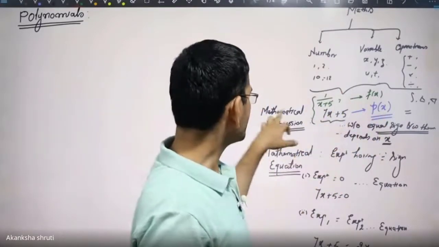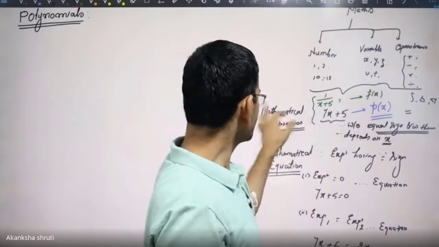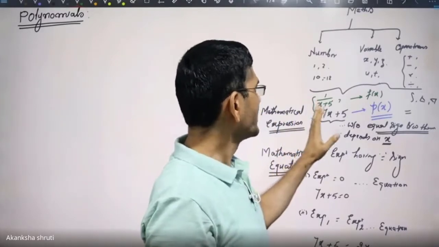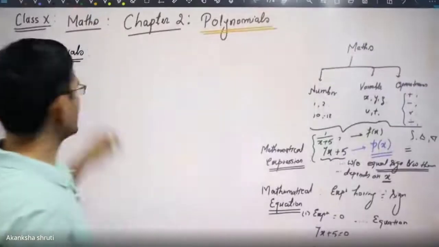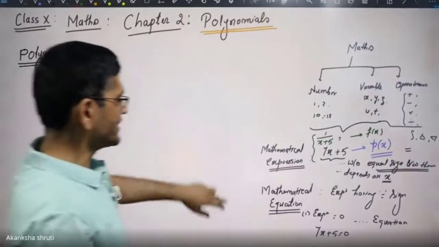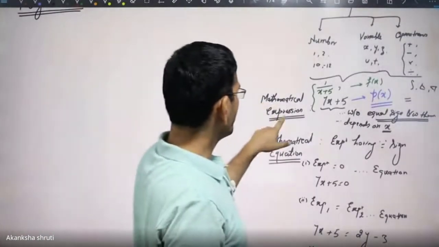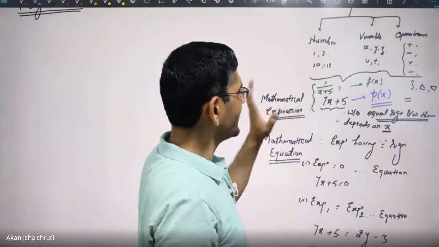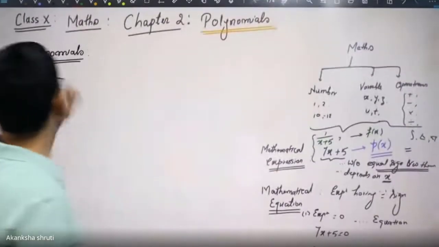Ready? So this is the meaning of mathematical expression, or simply expression. But here we have to come to the polynomial. So once we have understood the term expression or mathematical relation, then only we can define polynomial.